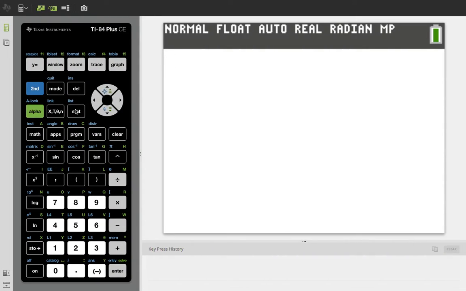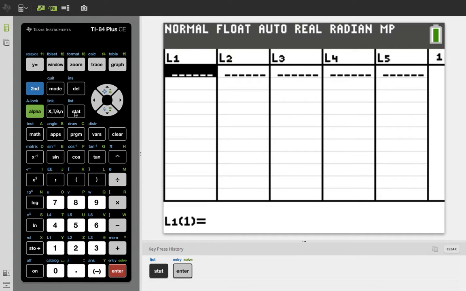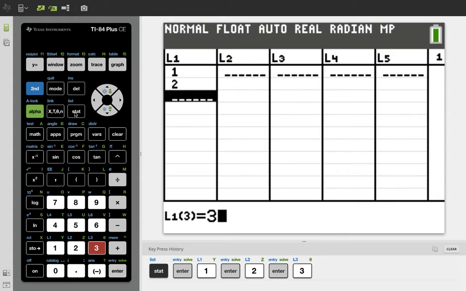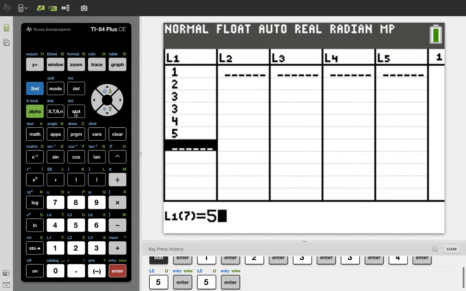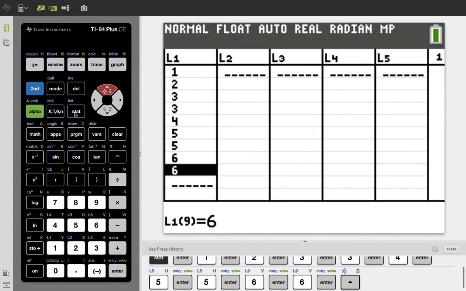First thing I'm going to do is hit Stat, Edit. Under L1, I'm going to type all of my X's: 1, 2, 3, 3, 4, 5, 5, 6, 6.